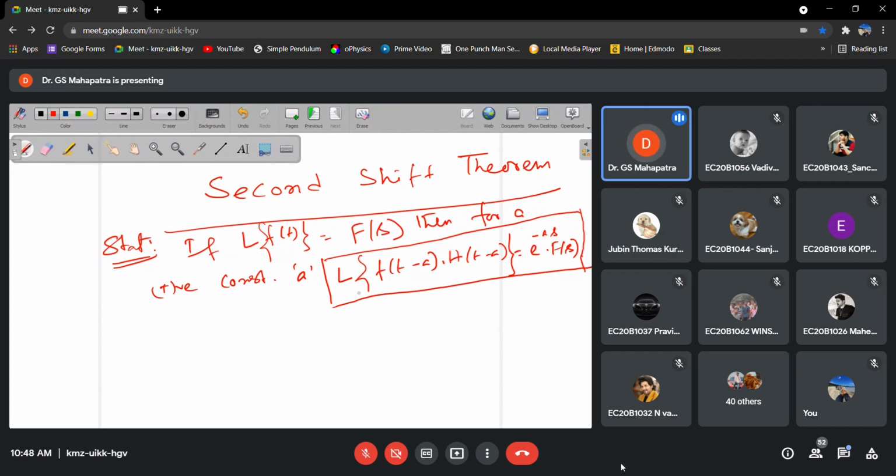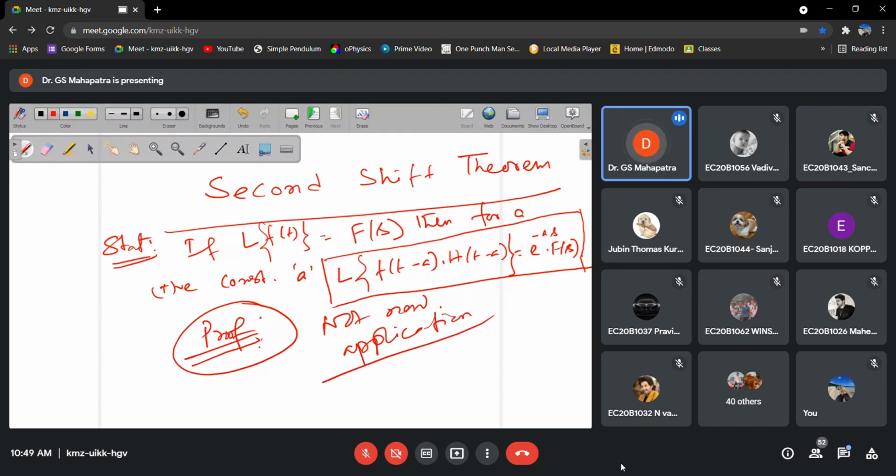Only the application now: how to apply this one.